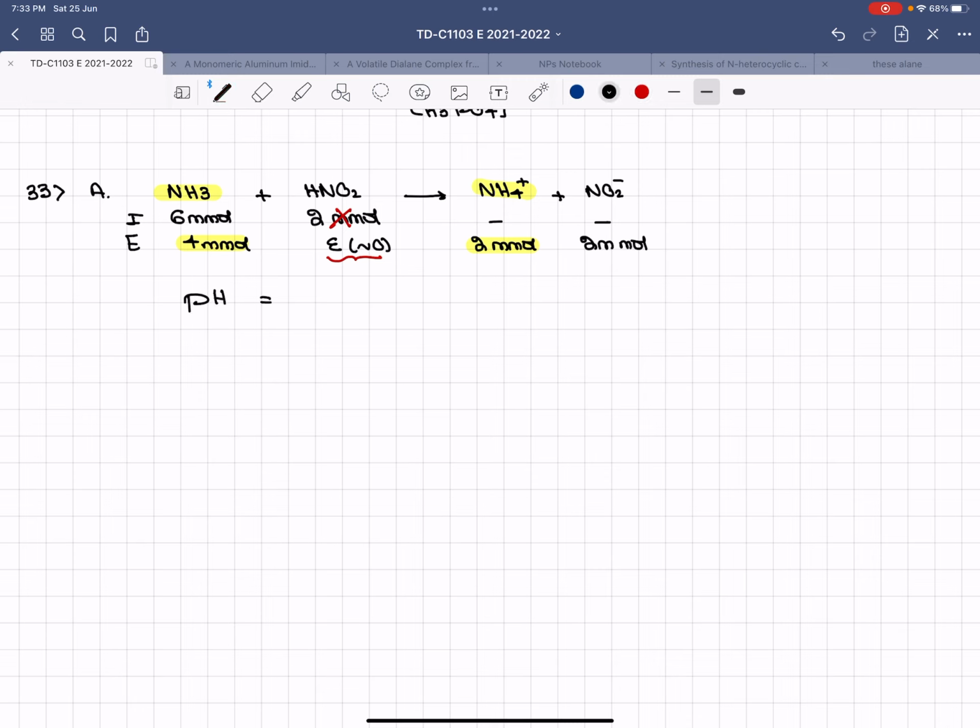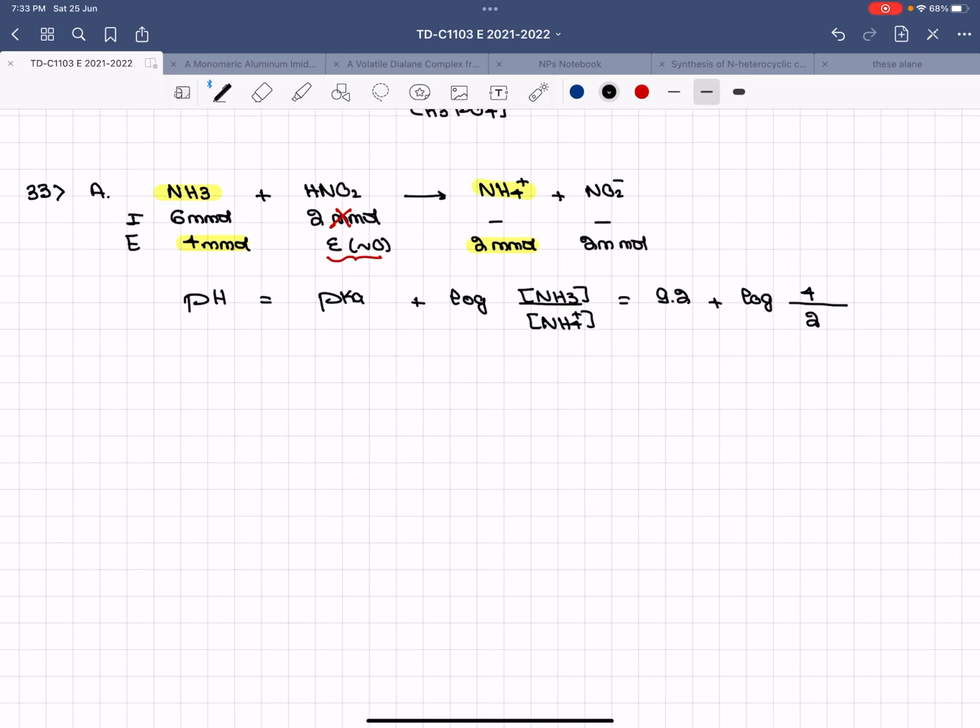So pH is equal to pKa plus log NH3, which is the base, divided by NH4 plus, which is the acid. And it's equal to what? 9.2 plus log NH3 is 4, NH4 plus 2.